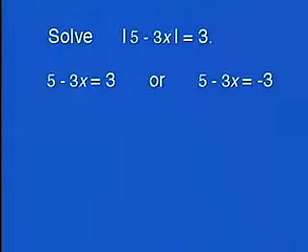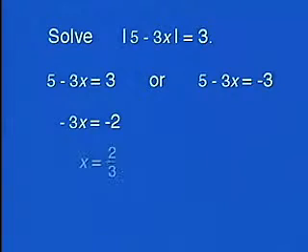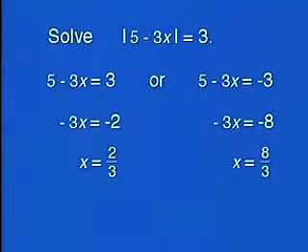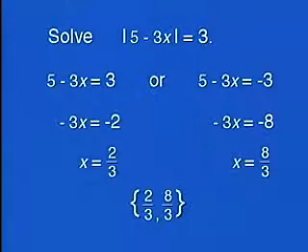Now solving the first equation, we have -3x equals -2, or x equals 2/3. And solving the second equation, we have -3x equals -8, or x equals 8/3. So our solution set consists of these two values, 2/3 and 8/3.